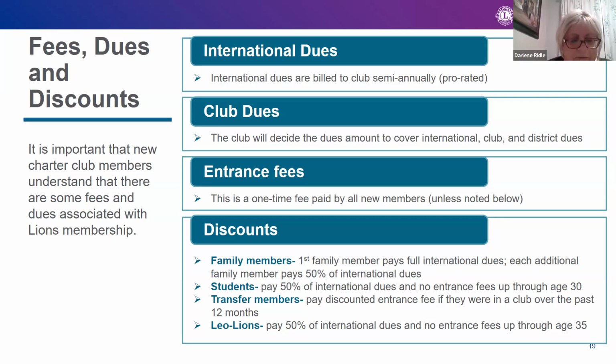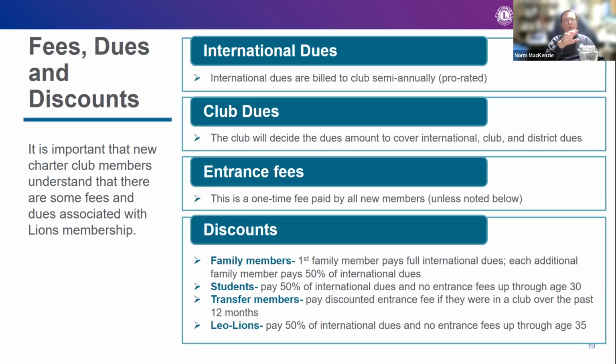Juanita, can I make a suggestion? Sure. When you're putting this slide up, I think you should add the actual cost in there, so people get an idea of what the international dues cost.